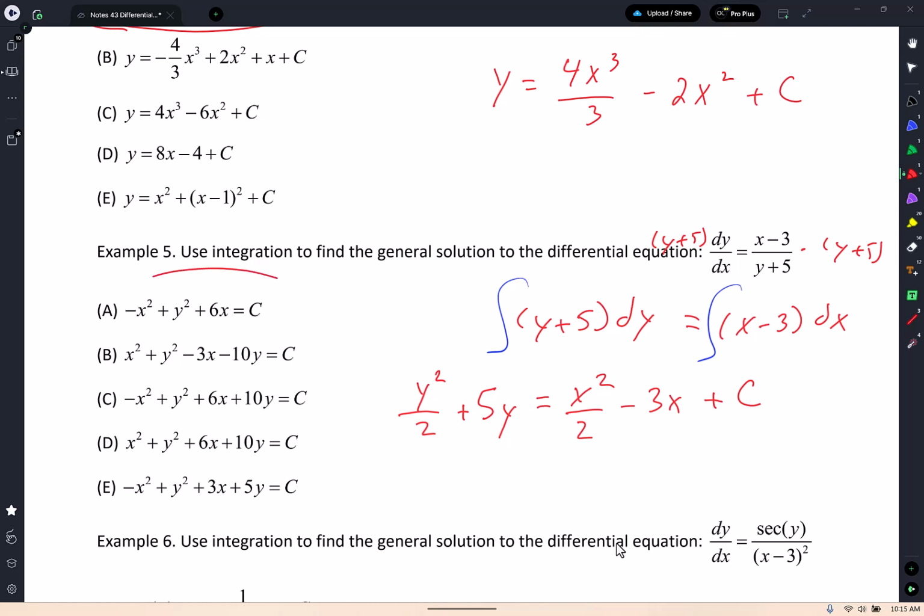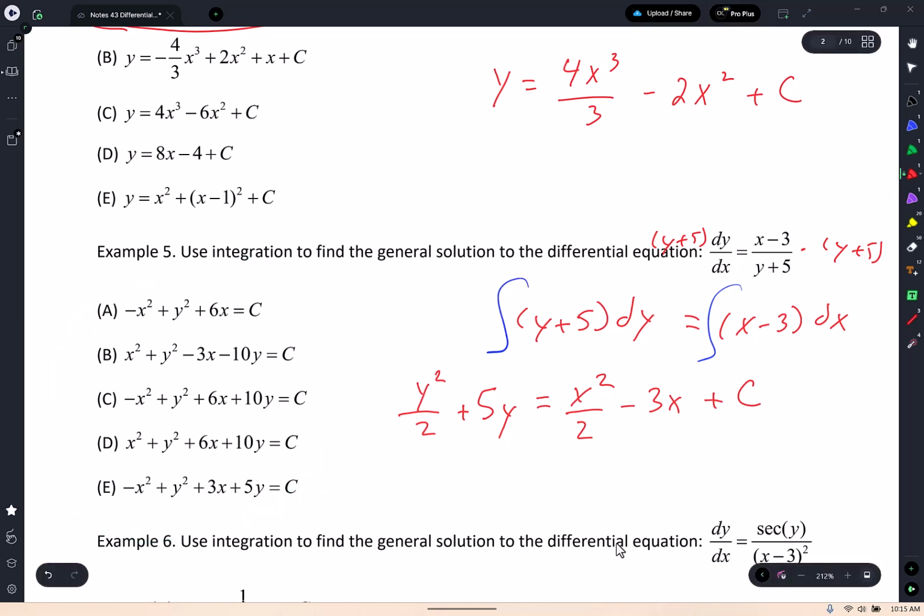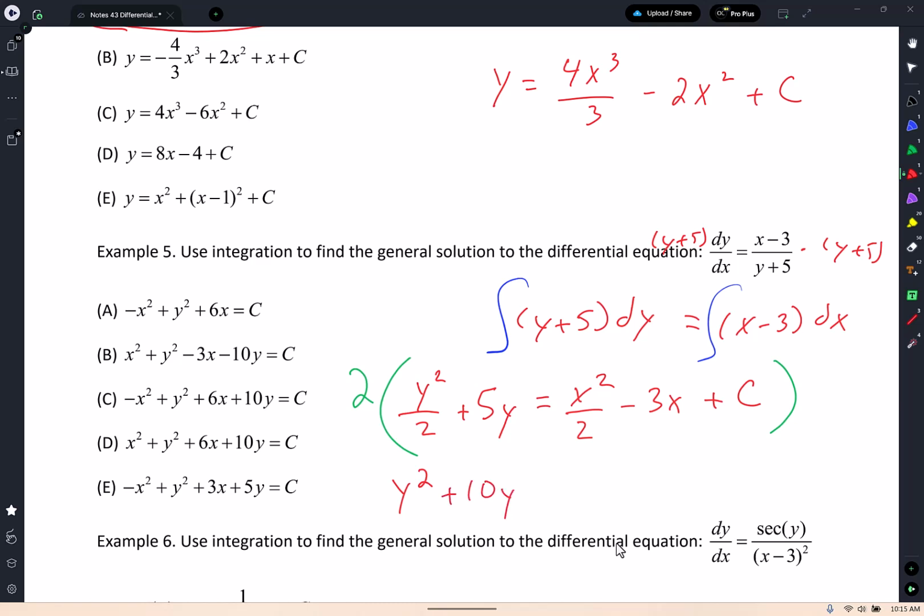Notice all my answer choices do not have a fraction. I'm going to put a giant parenthesis on all this, and I'm going to multiply it by 2. So here we go, guys. Y squared plus 10y equals x squared minus 6x plus, don't write 2c.